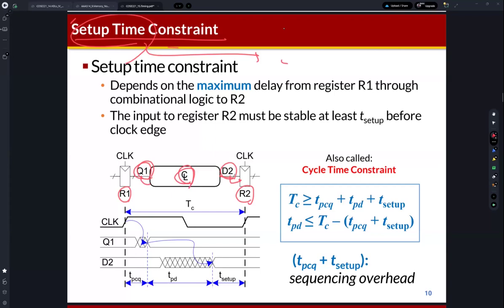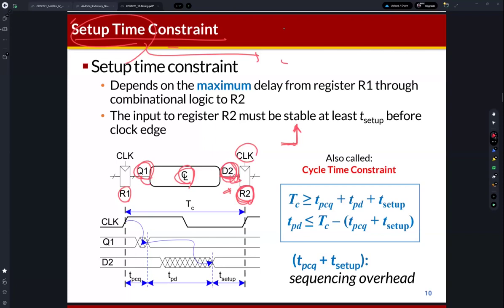So if we just focus on R2, then on the rising edge of clock, D2 needs to be stabilized the setup time before the rising edge of clock. So this is the setup time constraint.